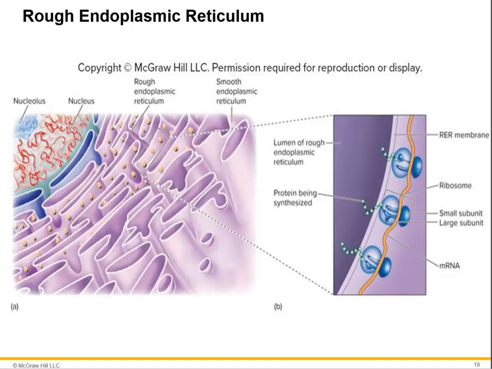This process, you may recall, is called translation. That's where you take an RNA transcript, such as mRNA, and you turn it into a protein, essentially. You make a protein using the RNA instructions for it.